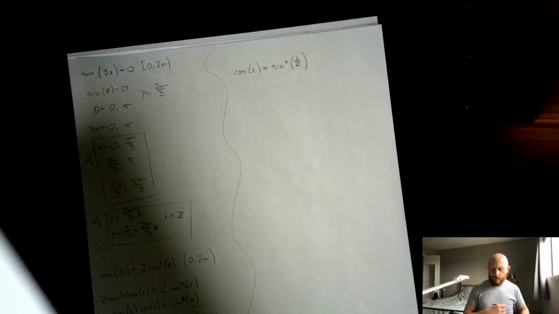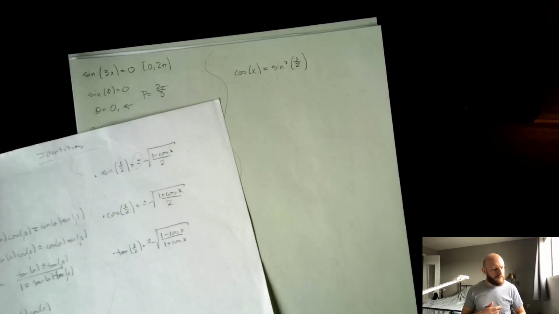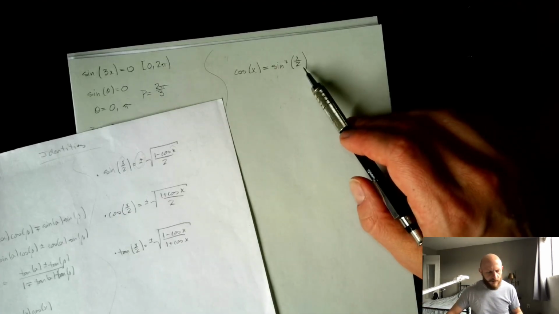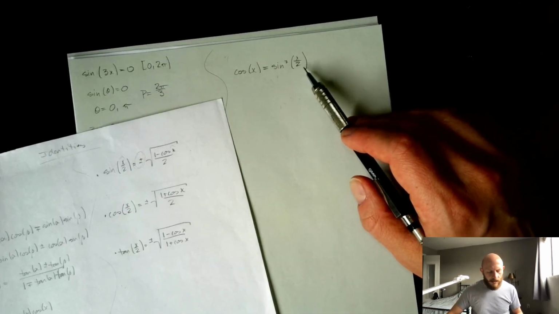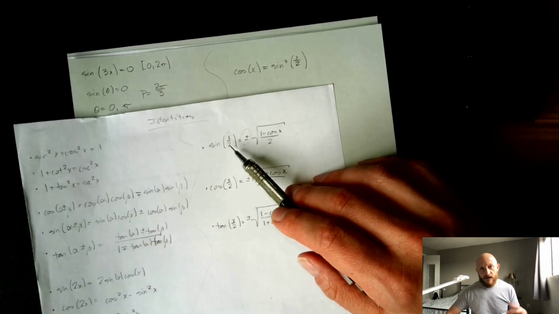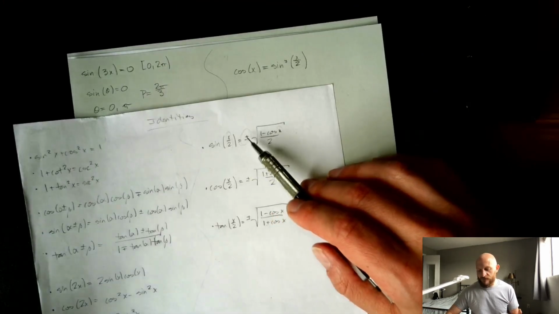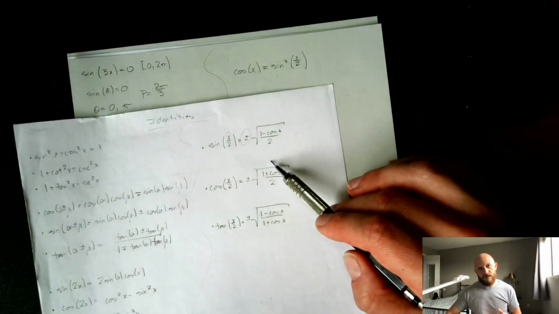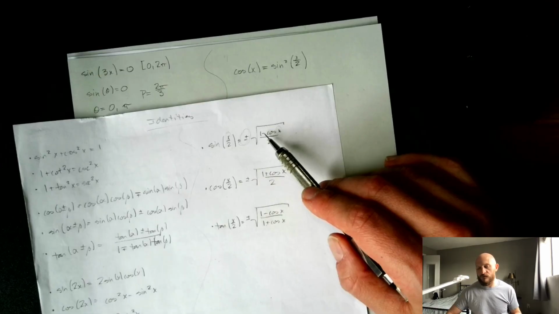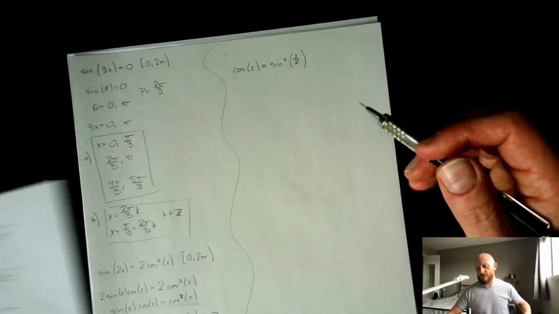I think the way I would solve this is to rewrite sine squared. Sine of x over 2 is equal to plus or minus the square root of (1 minus cosine of x) over 2. So when we square this, it just becomes sine squared of x over 2 equals (1 minus cosine of x) over 2.